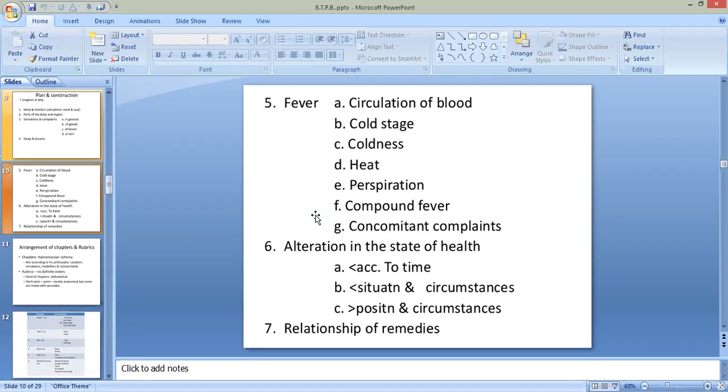In that, first aggravation related to time, then aggravation related to situation and circumstances, and lastly ameliorations related to position and circumstances. It was given.